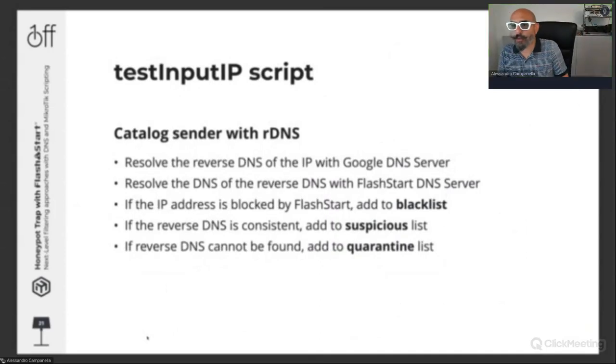So how the main script is working. This is the core of the lab, the test input IP script. What does it do? It catalog all the centers with reverse DNS and check if the reverse DNS is consistent or not.